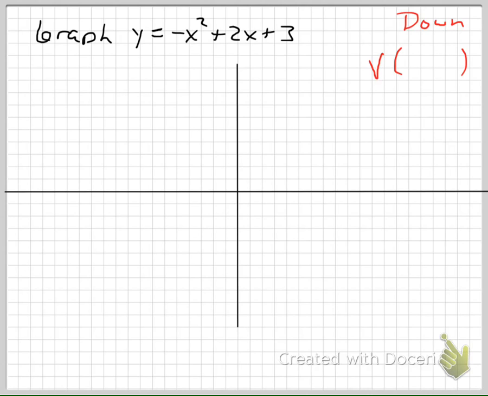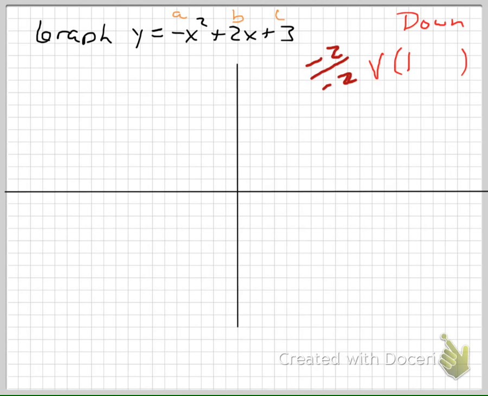The vertex formula, opposite of b over 2a. If I write that out, it's opposite of b is negative 2 over 2a is 2 times negative 1, which is negative 2.